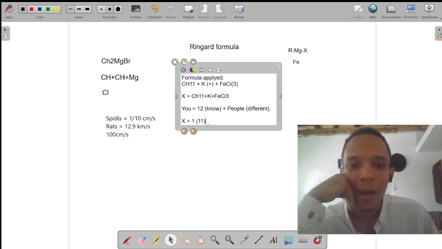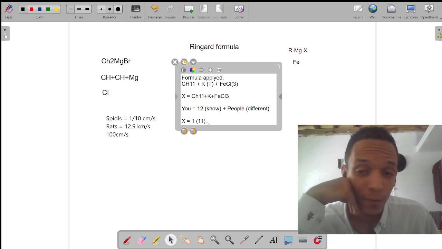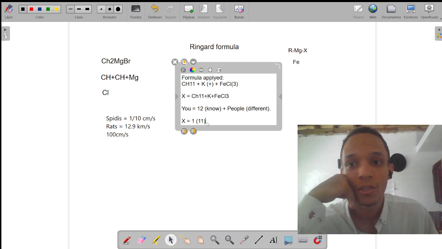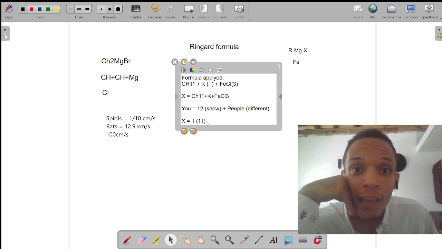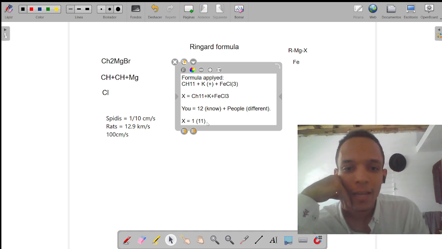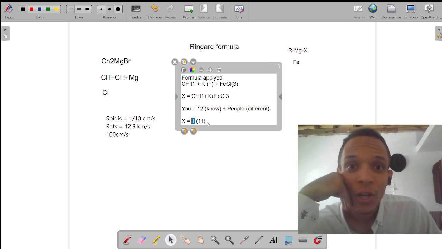Because usually spiders do not only walk, sometimes they jump. And also, if you translate that to human beings, for example, we also don't only walk, we can jog, we can jump, and we are always breathing. That's why we have the number one here. This one represents the breathing stage that is always present in a human or in any animal.